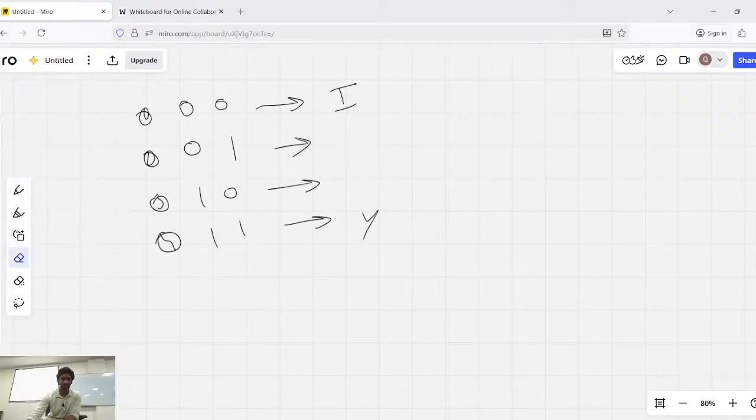For 01, we will apply the Z gate, and for 10, we will apply the X gate. So in this way, Alice encodes the piece of information which she wants to send to Bob.